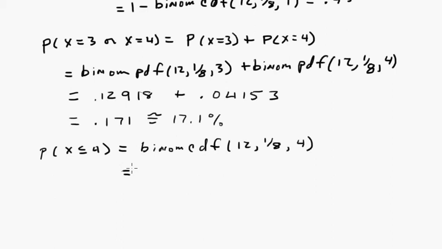So let's see, what is that? So just make sure I'm using CDF. So 12 comma 1 divided by 8 comma 4, and that's going to be 0.988.